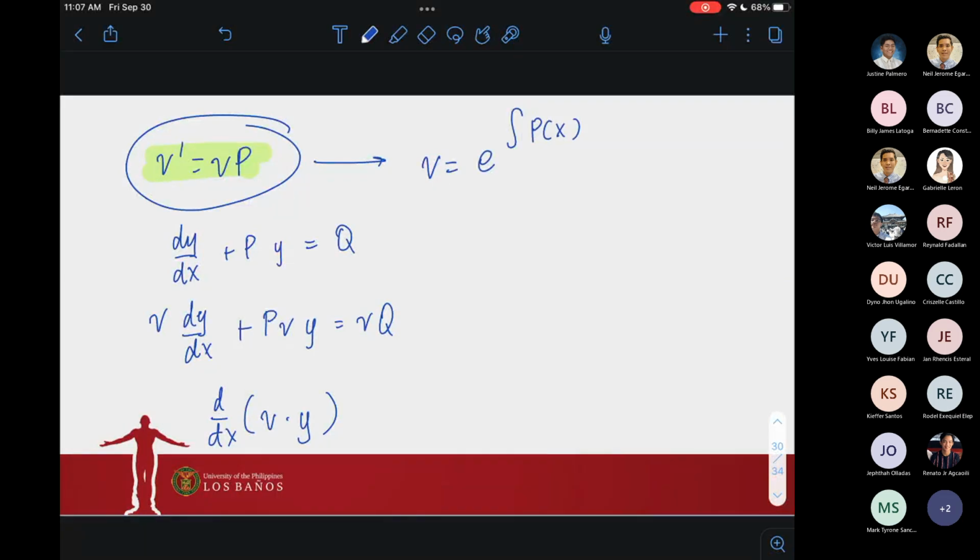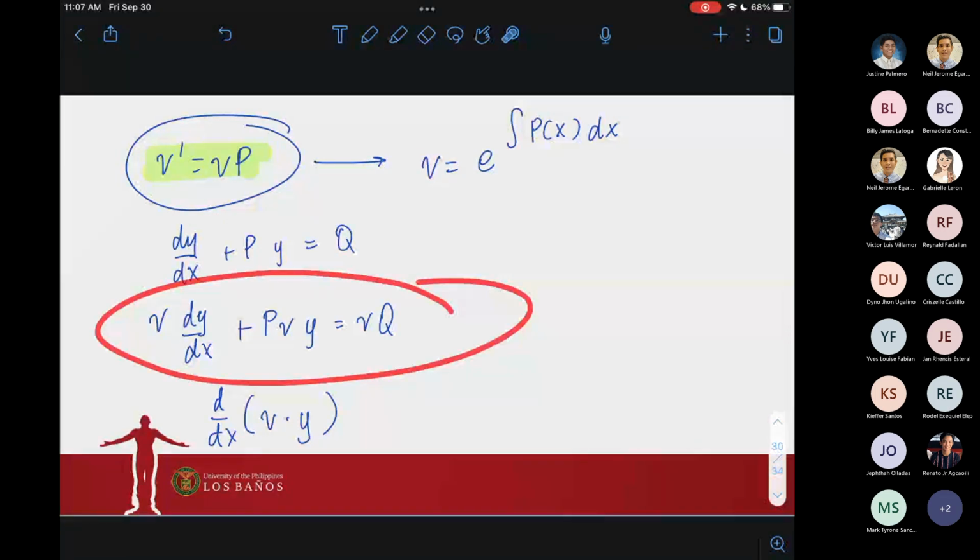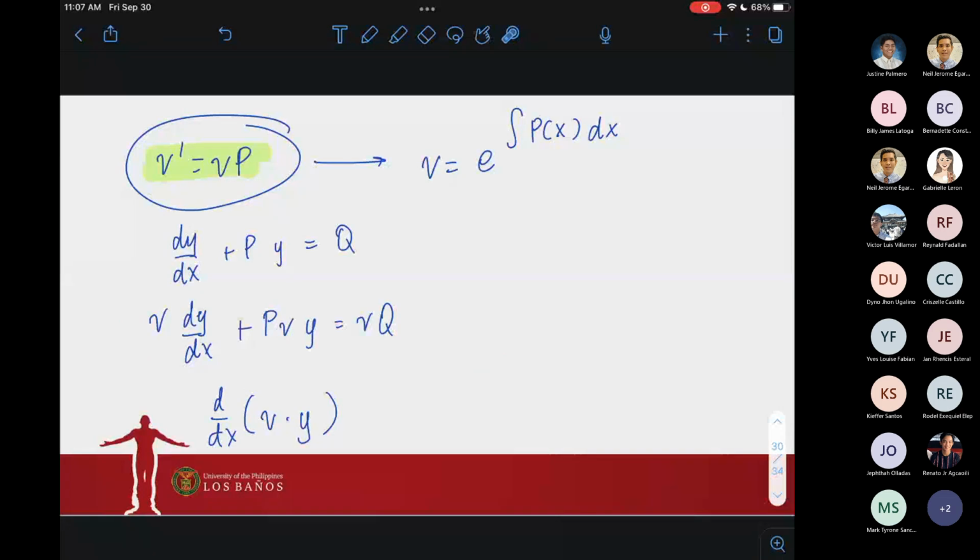Pag nag-integrate ka nito, laging may plus c na kasama. So, kahit anong plus c yung piliin mo, yung v prime ay magiging equal pa rin kay vp. And so, nasa-satisfy pa rin yung integrating factor criterion. Okay? Kasi hindi magma-matter yung plus c once we take the derivative of this form.